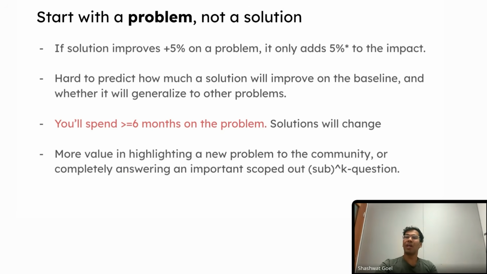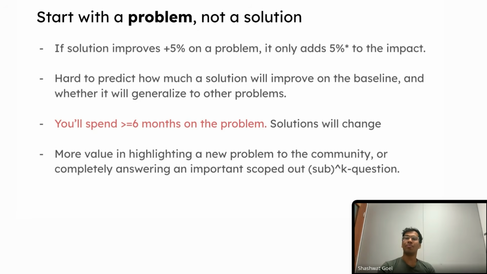So another thing is that even if you track citations, which is a noisy metric of impact, one thing you will notice is every time a paper gets highly cited, it's because it highlighted a new problem to the community, and then either solved it or made an eval out of it and said, okay, this is an important problem that the community needs to improve models on, or just improve research on.